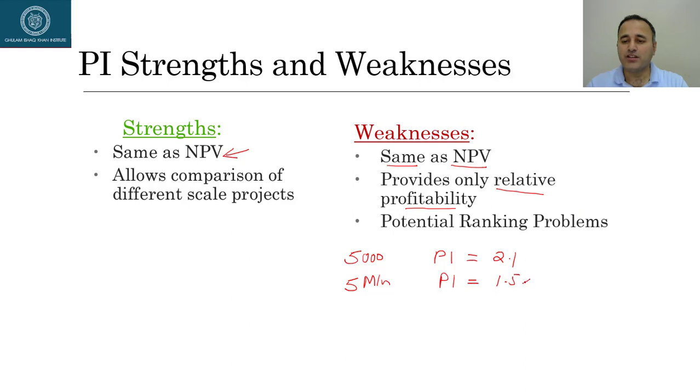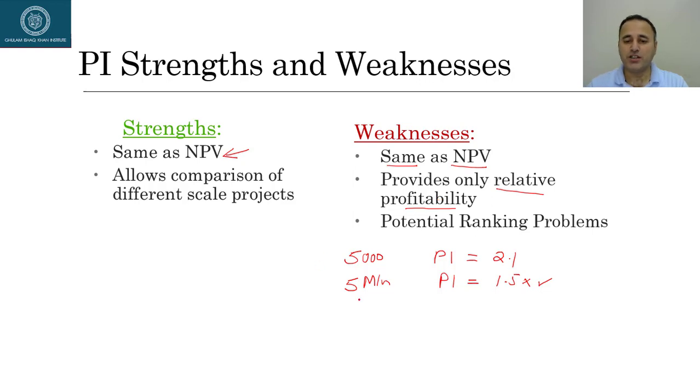reject this project. Suppose the company wants to undertake only 7 projects in a year, and project number 2 does not fall in the top 7, they may end up rejecting this project. So it's one of the weaknesses. It takes only the relative profitability, and it does not take into account the overall quantum of profitability.